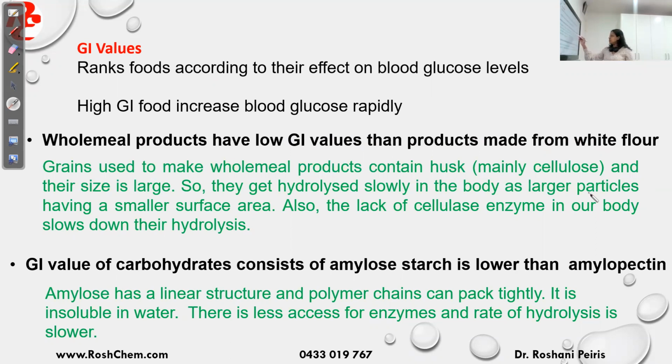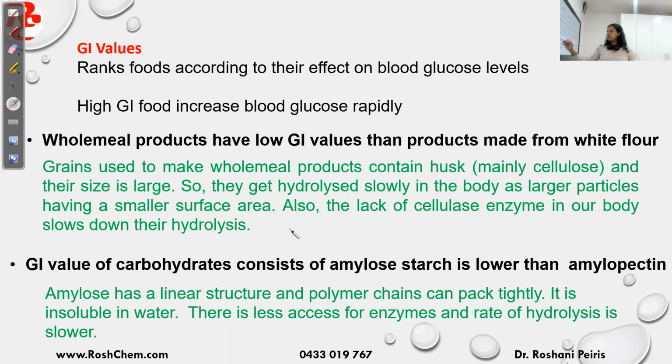And also the particle size is large, which decreases the surface area. So due to both these reasons, the rate of hydrolysis of those products is slower. So therefore they release glucose slowly. Therefore I can say the whole meal foods are low GI.